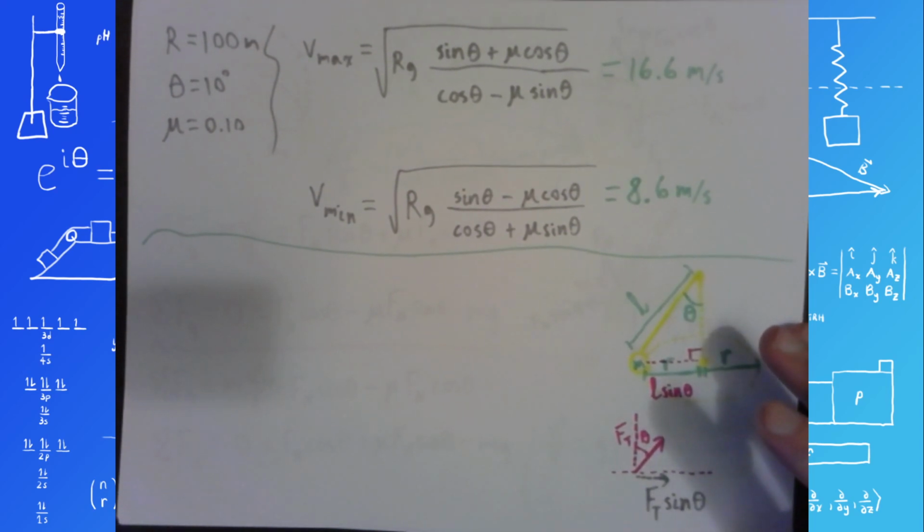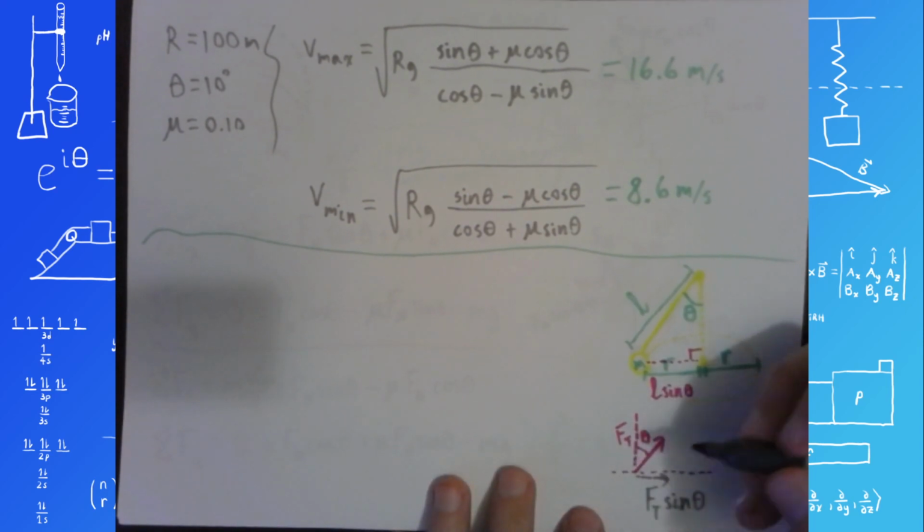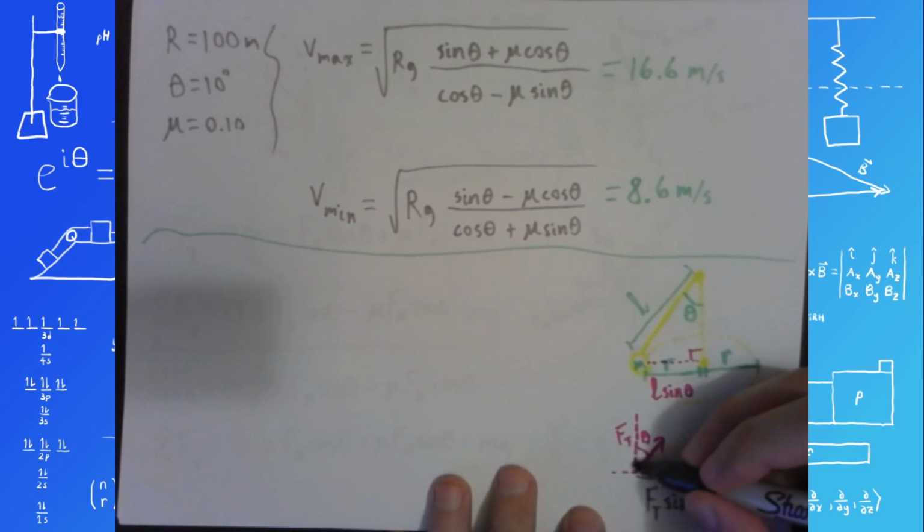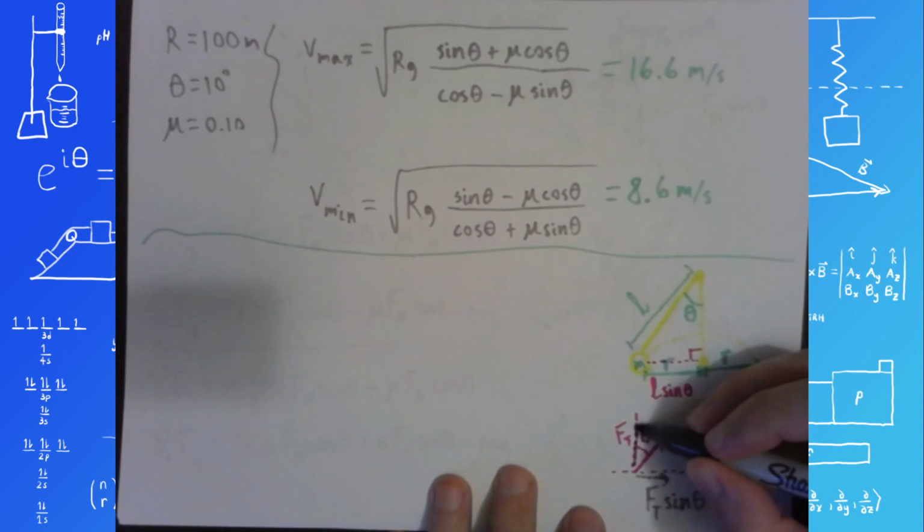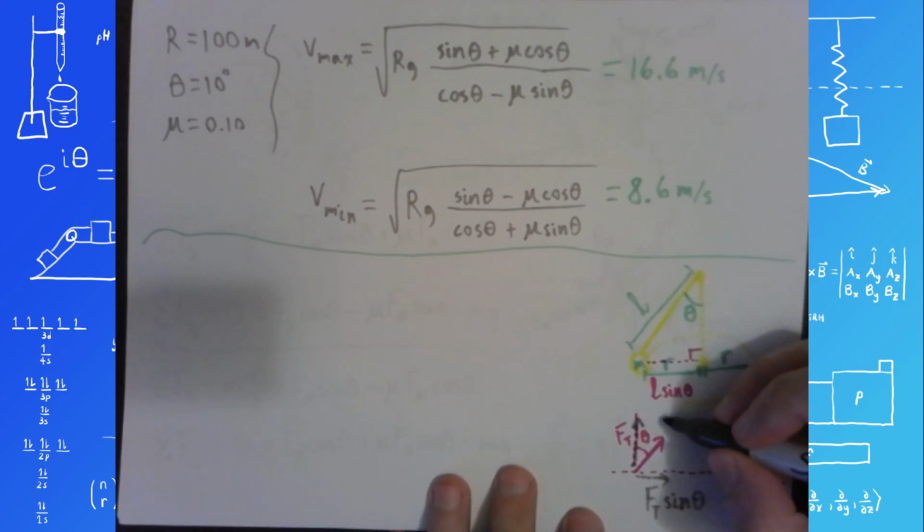And for the vertical component then, that would be force of tension cosine of theta.